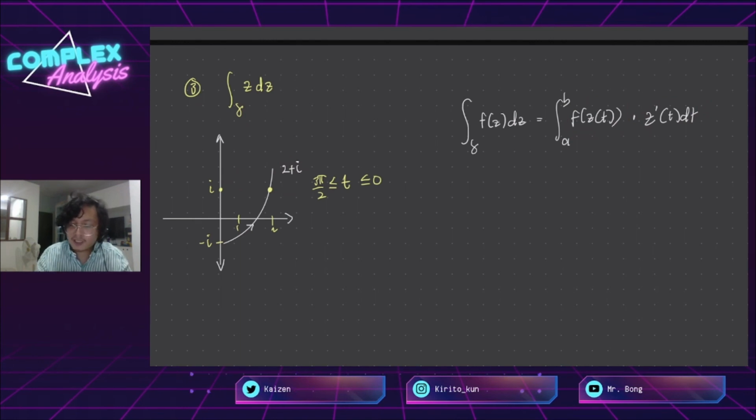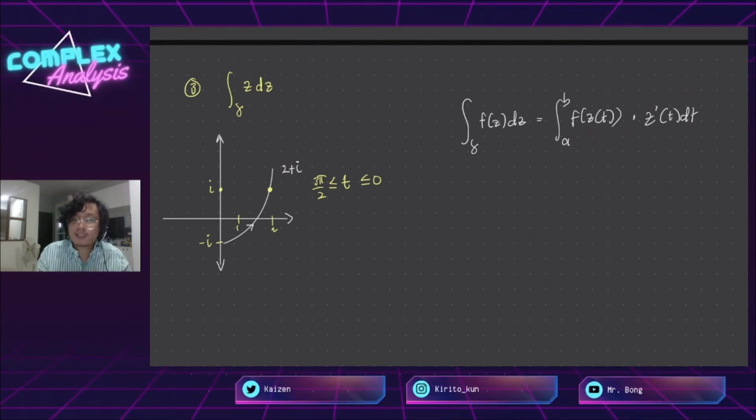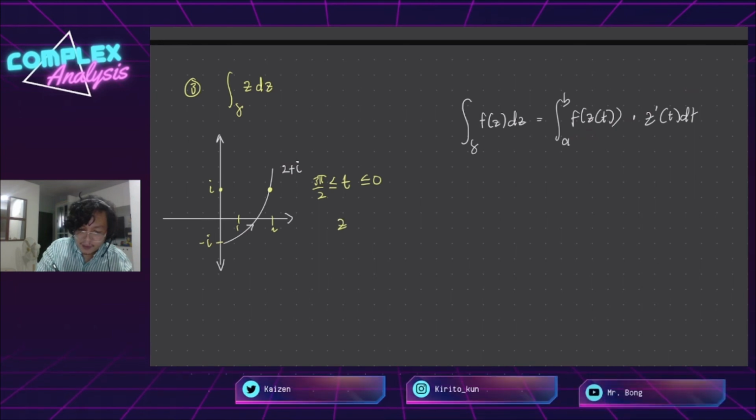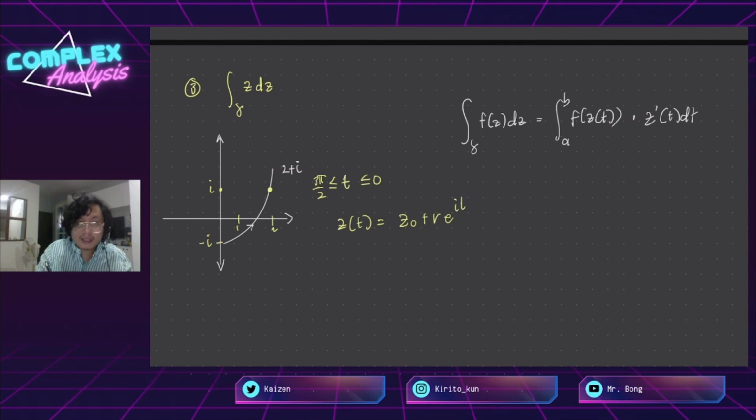So for f of z of t, we will use the previous table, which is the parameterization of the circle, right? So we have z of t is equal to z sub o plus r e to the power of i t.